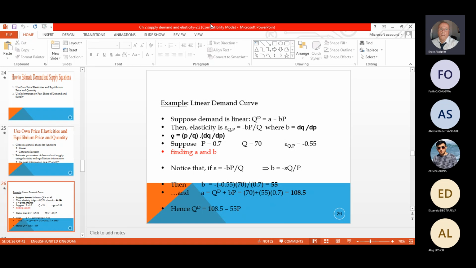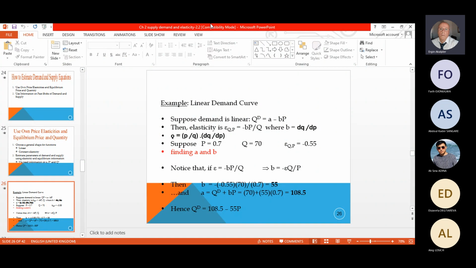Then you have A, which is 108.5. Then the equation is estimated: QD is 108.5, the constant or coefficient, minus 55, the slope of this curve.